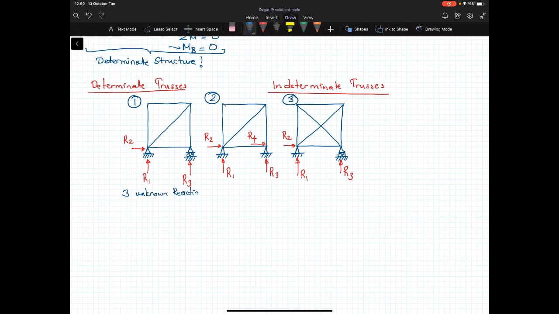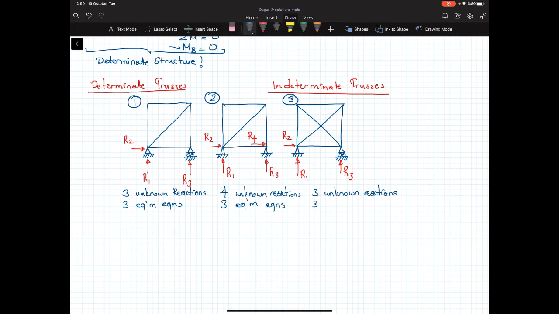I can write three equilibrium equations. In the second one, I got 4 unknown reactions. And in the third one, I got 3 unknown reactions. And for every one of them, I can write 3 equilibrium equations.